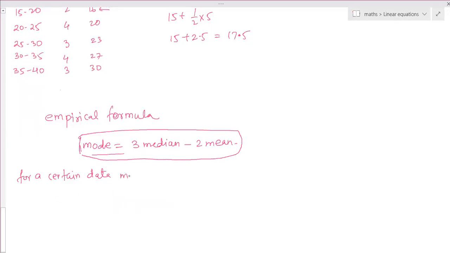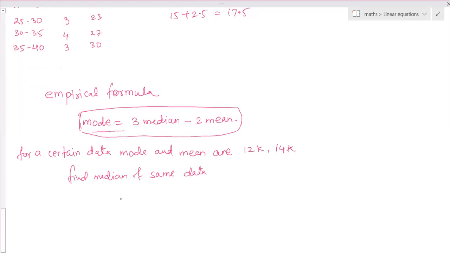For a certain data, mode and mean are 12K and 14K. Find median of the same data. So the formula is mode plus 2 mean is equal to 3 median.